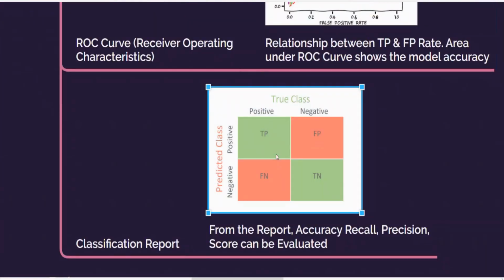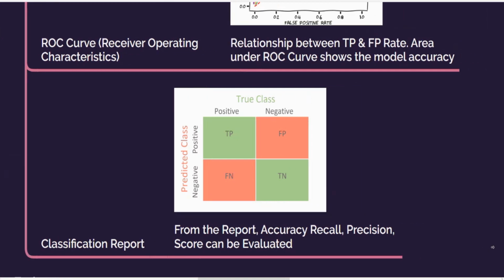Then we can find the confusion matrix. Another name for this classification report is confusion matrix. Here we will try to find true positive, false positive, false negative, true negative. What it means is, suppose you are taking a cancer data set.